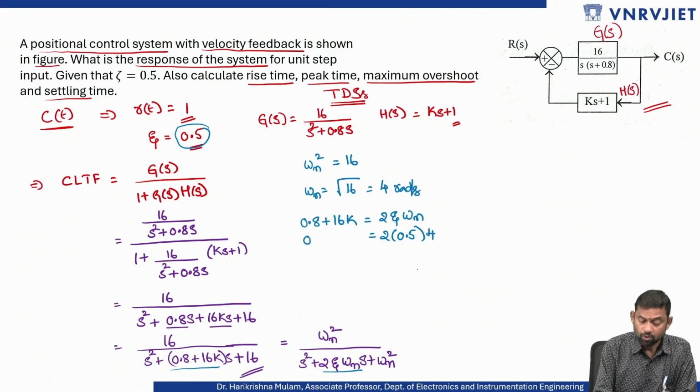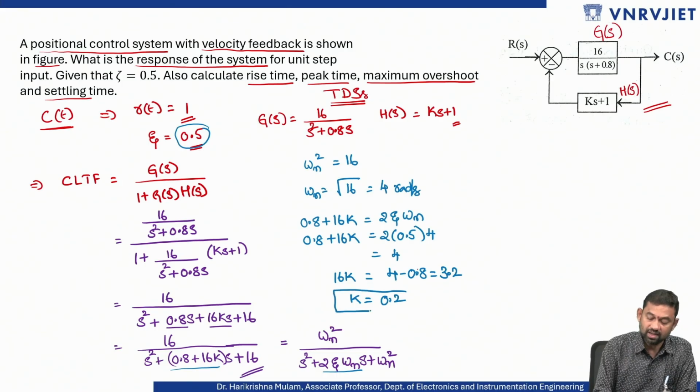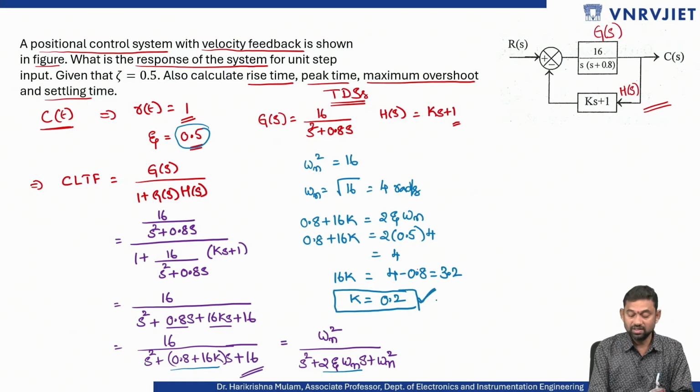Therefore, 0.8 plus 16K is equal to 2 into 0.5 is 1, 1 into 4 is 4. Therefore, 16K is equal to 4 minus 0.8, which is equal to 3.2. Therefore, K is equal to 3.2 by 16, which is equal to 0.2. So, for the damping factor to be 0.5, the K value should be 0.2 in this system.